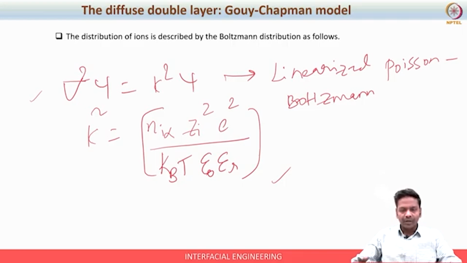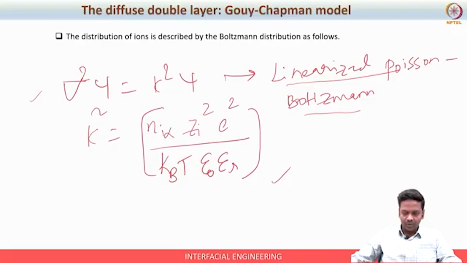Because the k is obtained from the Boltzmann distribution function, the equation obtained using this approach is called the linearized Poisson-Boltzmann equation. This is a very important one. We forgot to highlight this during our last lecture. Kindly make a note of it.